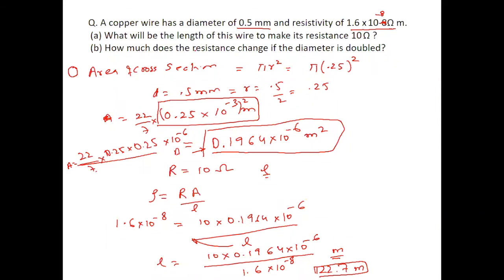What is the next ask? How much does the resistance change if the diameter is doubled? Our formula is, resistance of wire is inversely proportional to the square of the diameter, right?